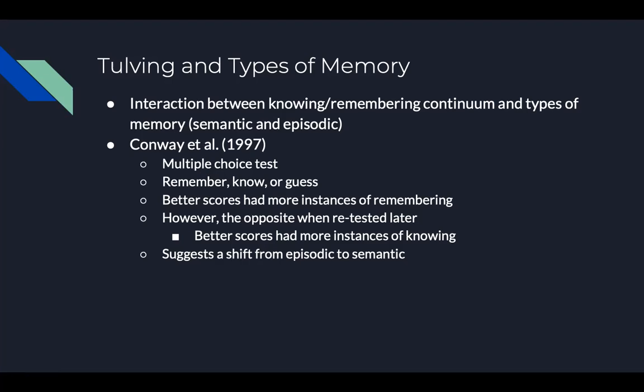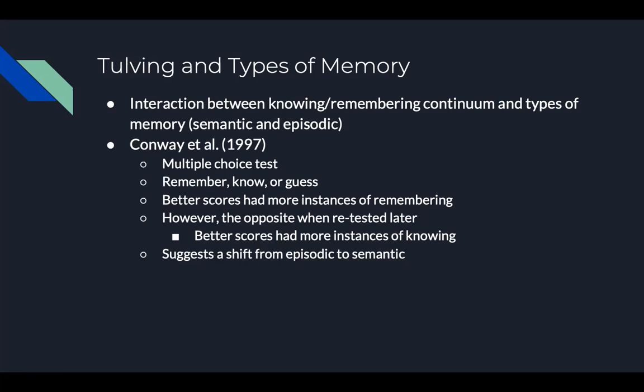Conway and colleagues in 1997 had college students come and take a multiple choice test. Hopefully they were well compensated, because I'm sure not a lot of college students were too excited to take another multiple choice test for something they wouldn't get very much credit for.